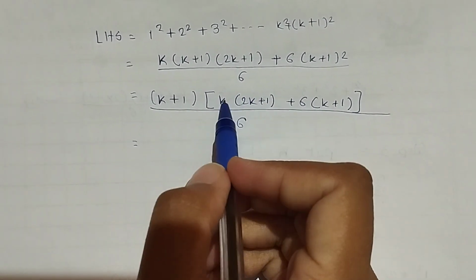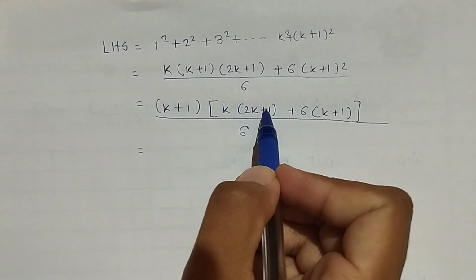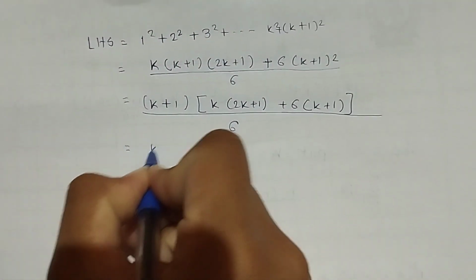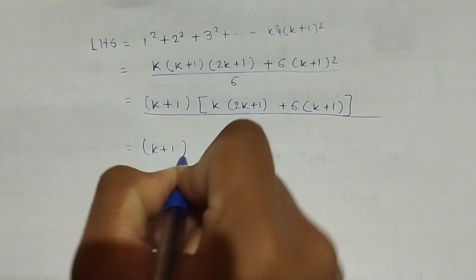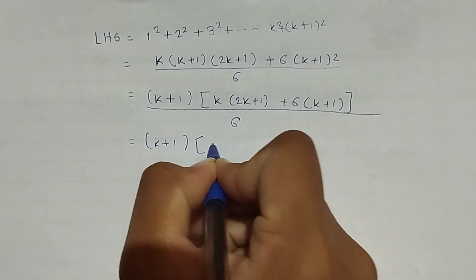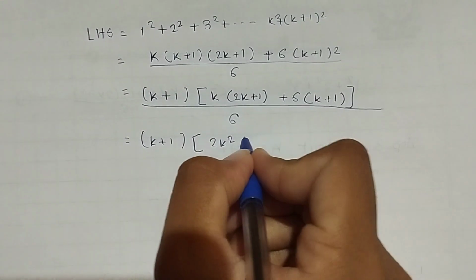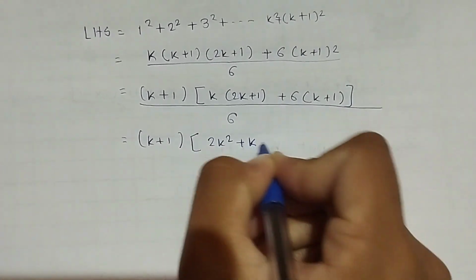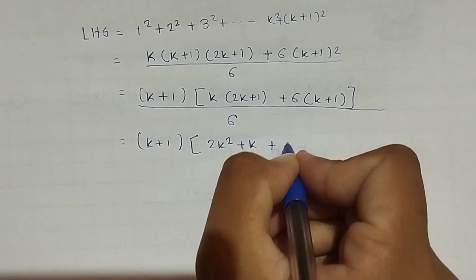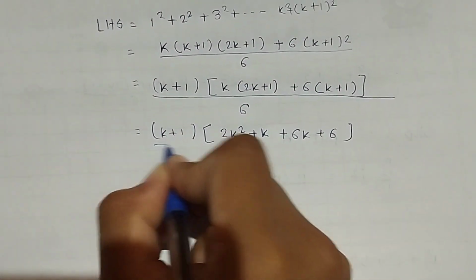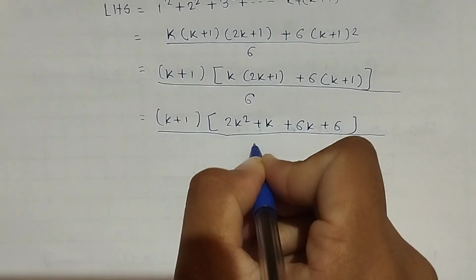So simply we multiply this k with the whole bracket and this 6 with the whole bracket. So k plus 1 into 2k square plus k plus 6k plus 6, divided by 6.